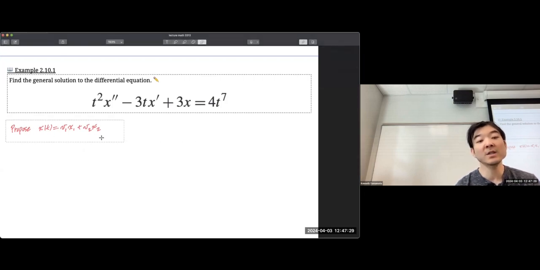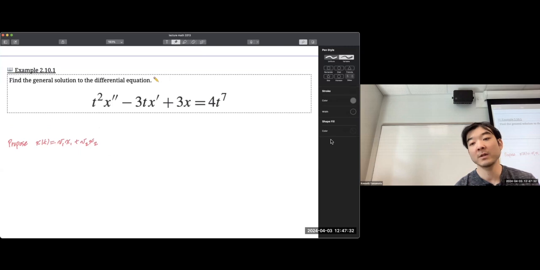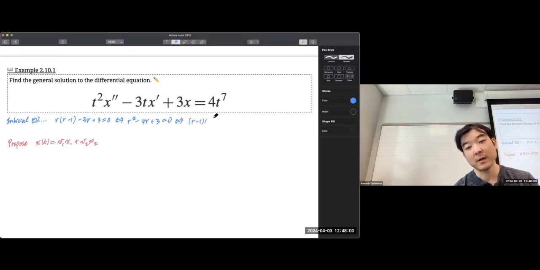We need two homogeneous solutions, right? The variation of parameters requires you to find two homogeneous solutions because you build the general solution from that. So you'll do the initial equation because this is the Euler equation. This becomes r squared minus 4r plus 3, and this factors to (r minus 1)(r minus 3) equals 0.